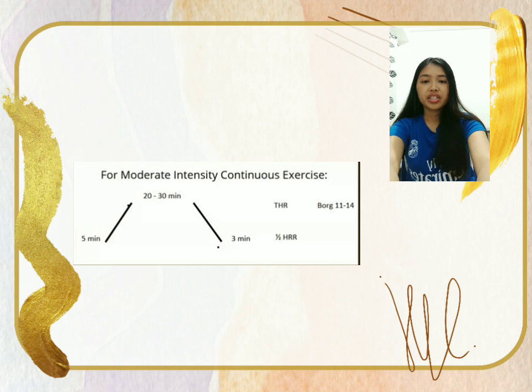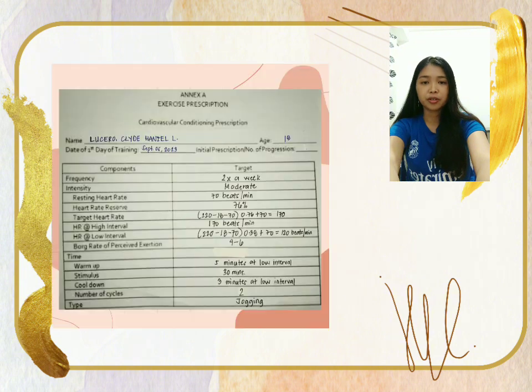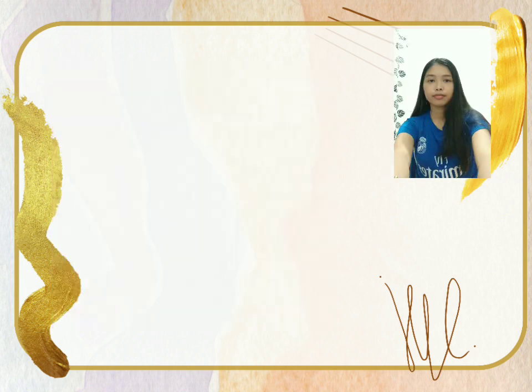For this, I chose 30 minutes, then go down and serve as duration for our cool down. The number of cycles is 2. For this type of exercise, I chose jogging since it is considered a cardiovascular endurance exercise. To conclude this prescription, I would be jogging twice a week as my cardiovascular conditioning exercise at moderate intensity.